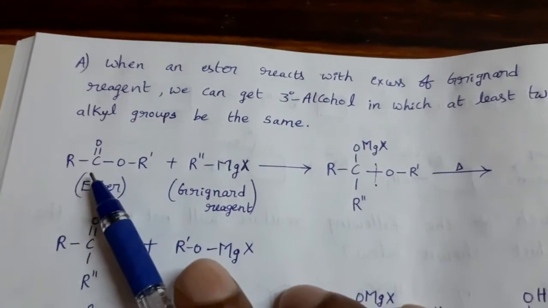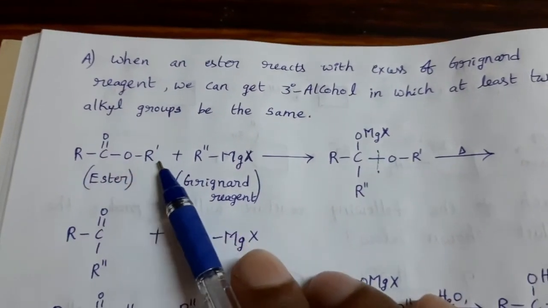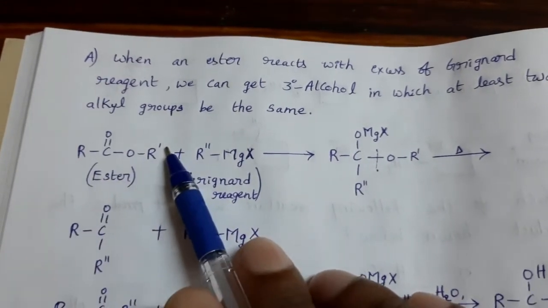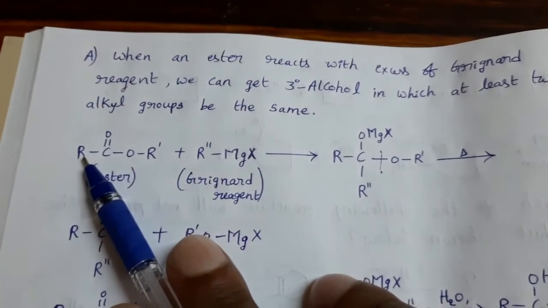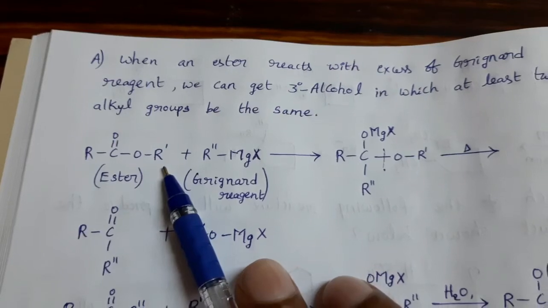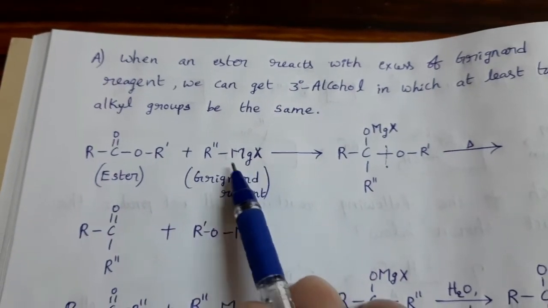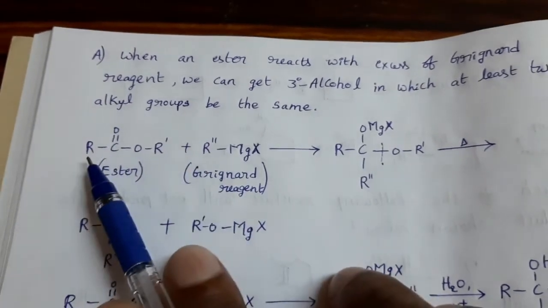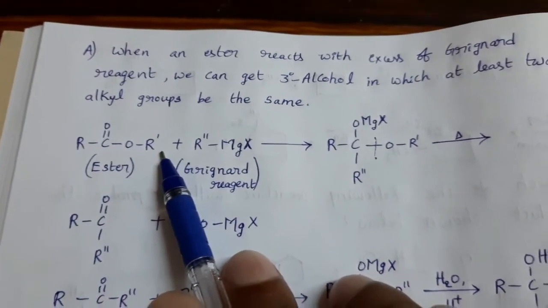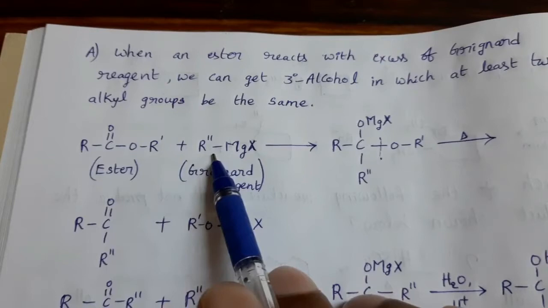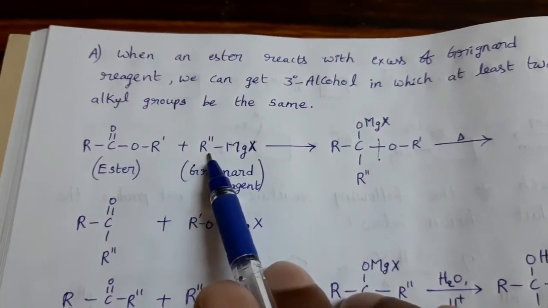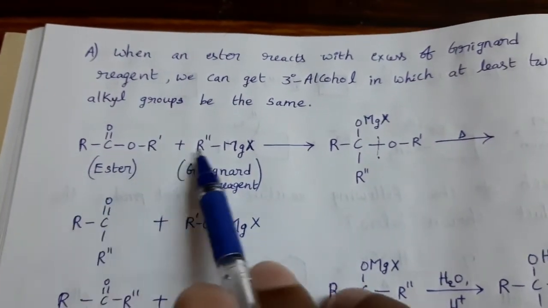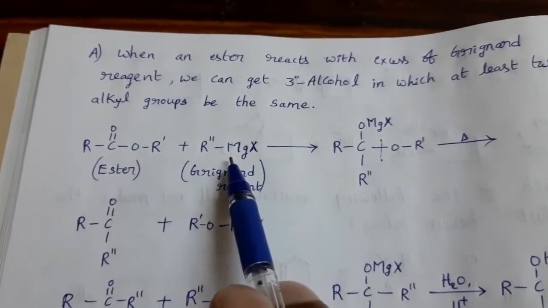Ester general formula R C double bond O R prime. This alkyl group and this one, both are different. Grignard reagent general formula RMgX. This alkyl group is different from these 2 alkyl groups. So to represent variation, I used this symbol R double prime. So all the alkyl groups are different in these 2 reactants.